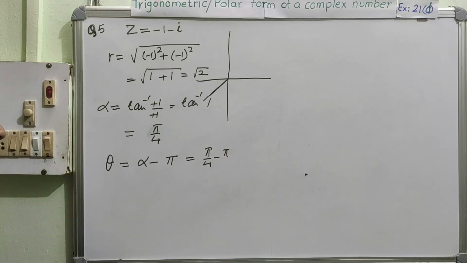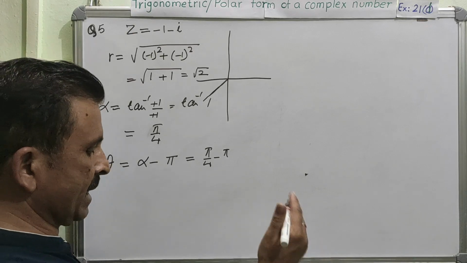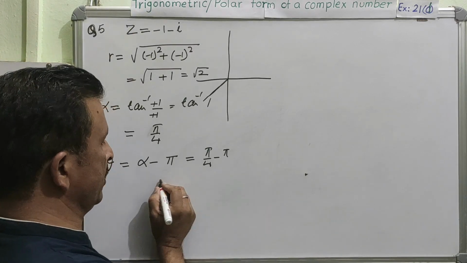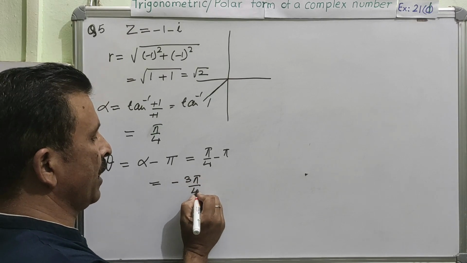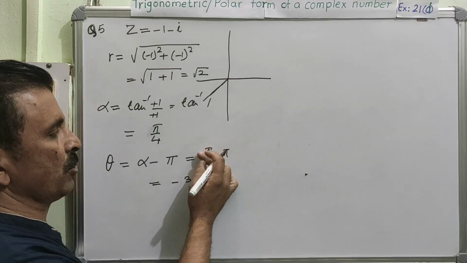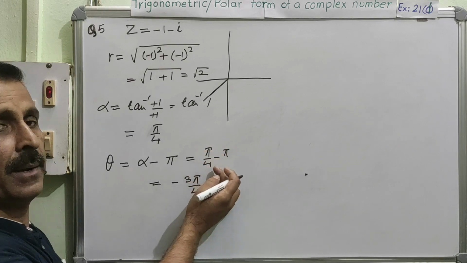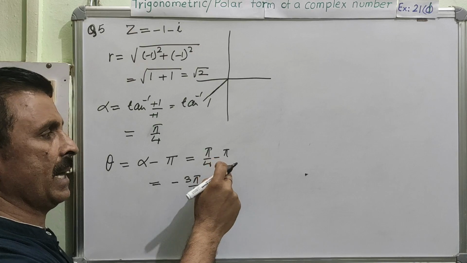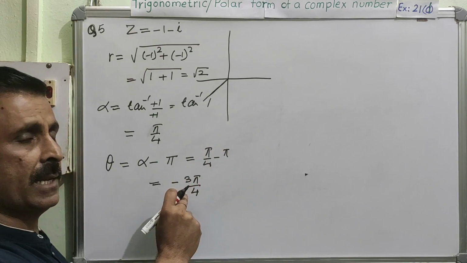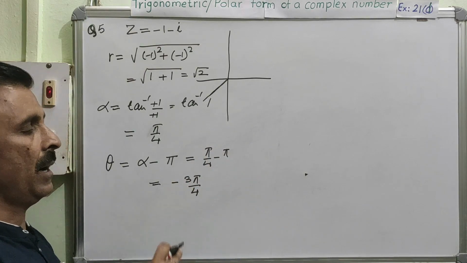Now when we calculate, this comes as equal to -3 pi over 4. I don't need to tell you how we simplify this. Pi over 4 minus pi is fractional, so by finding the LCM and simplifying, we get the result. So this is your amplitude.